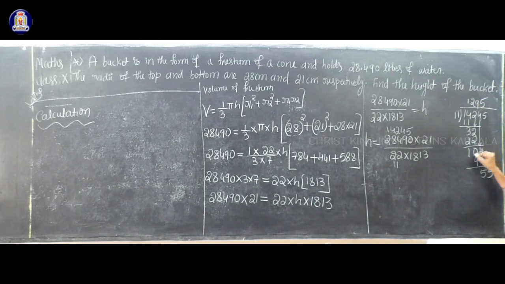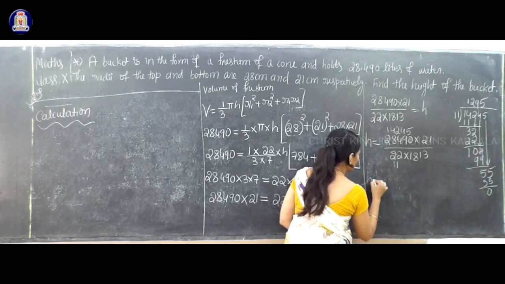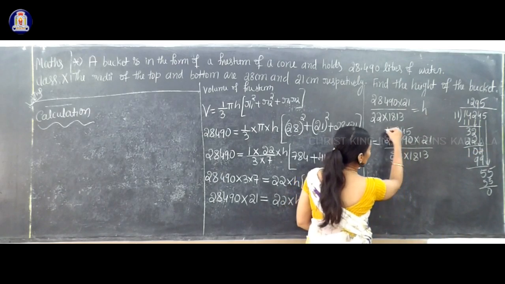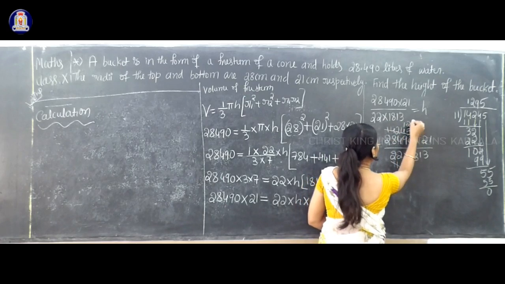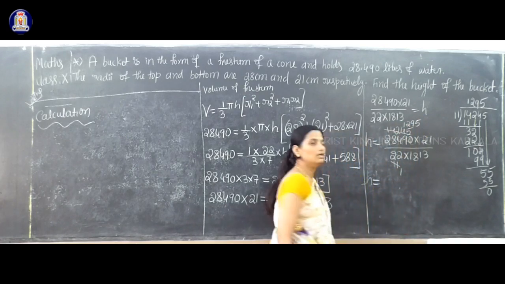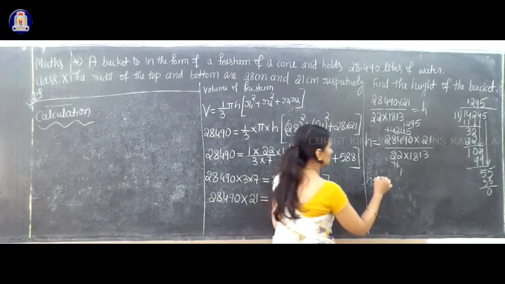Next is 4. So 11 nines are 99. 4, 5, 6, 7, 8, 9 means 5. So next number is 5. 11 5s are 55. So properly dividing this. So what is the answer? h is equal to 11 ones are 11, how much here? 1295. Clear? 1295.